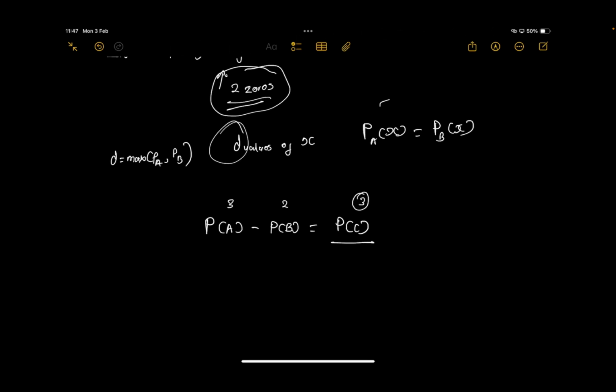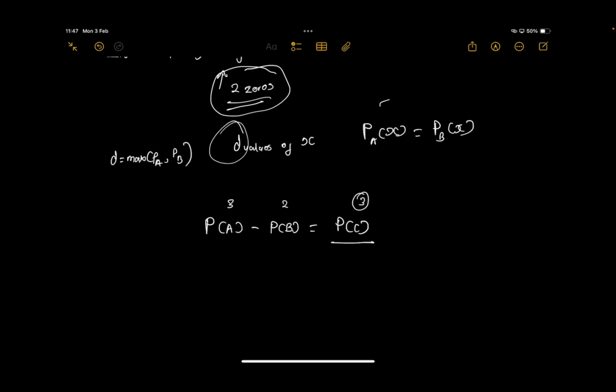Those are the d values of x that when you evaluate at those values, you get 0, and it's only 3. It cannot be more than 3. You're not going to get 4 zeros. You're not going to get 5 zeros. Does that make sense?